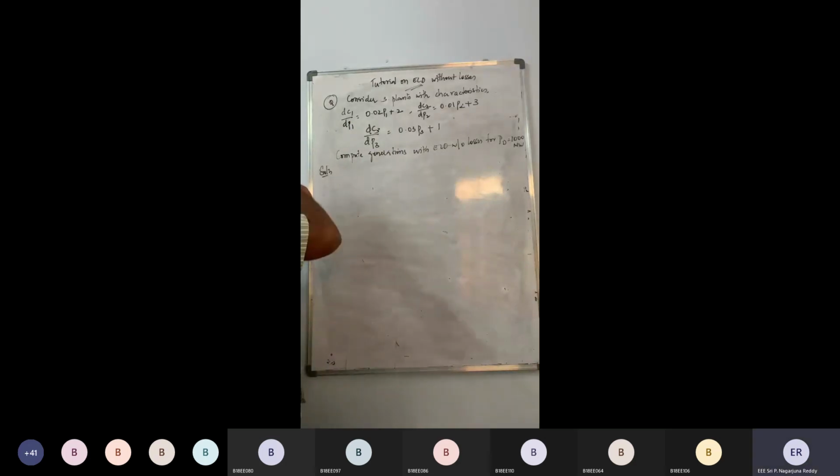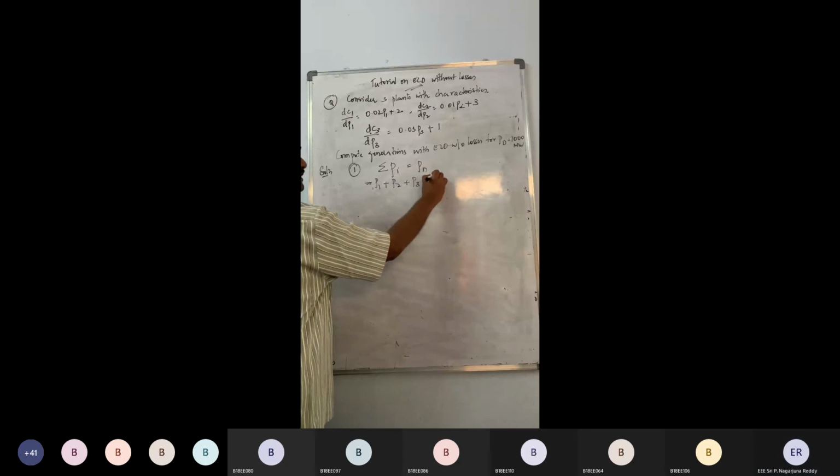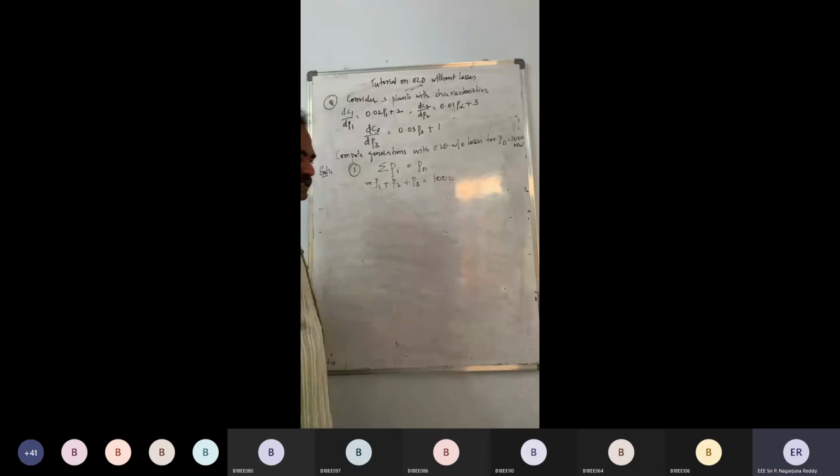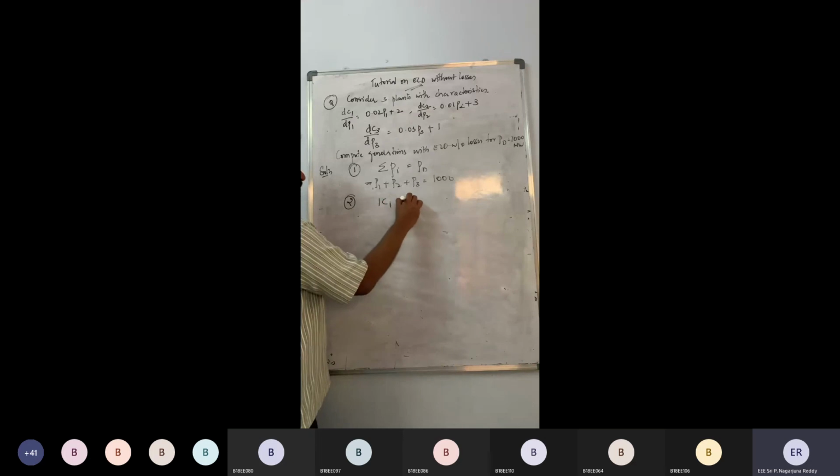What is the first method? We choose 2 equations. Equation number 1 is summation of all generations is equal to demand. So what are the 3 generations now? P1, P2 and P3 is equal to 1000. This is equation number 1. Equation number 2 is all ICs must be constant. How many ICs I do have?